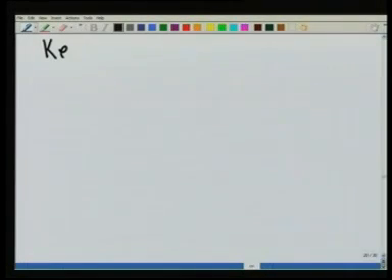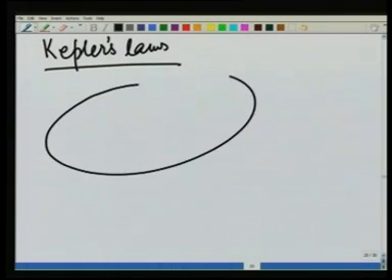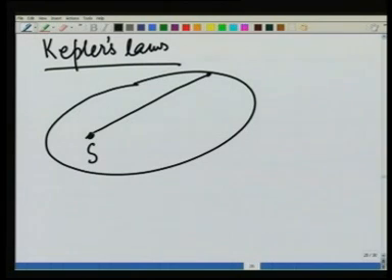Let me just show it to you. You are all familiar with Kepler's laws, and one of them is that when the earth, or any planet, is moving around the sun, in equal times they cover equal areas, and this is nothing but a manifestation of the conservation of angular momentum.